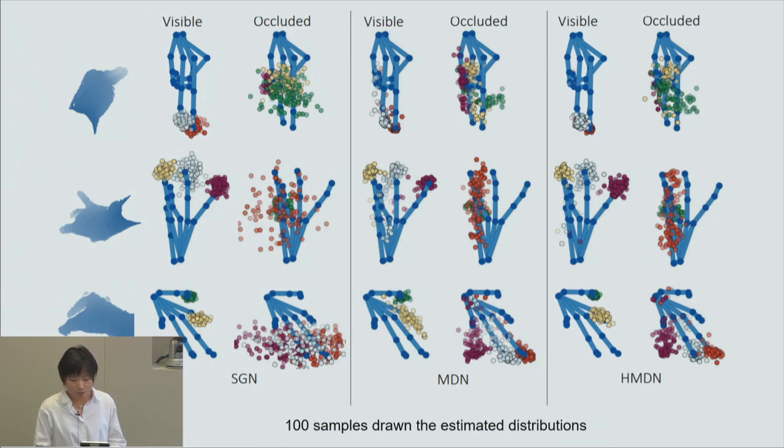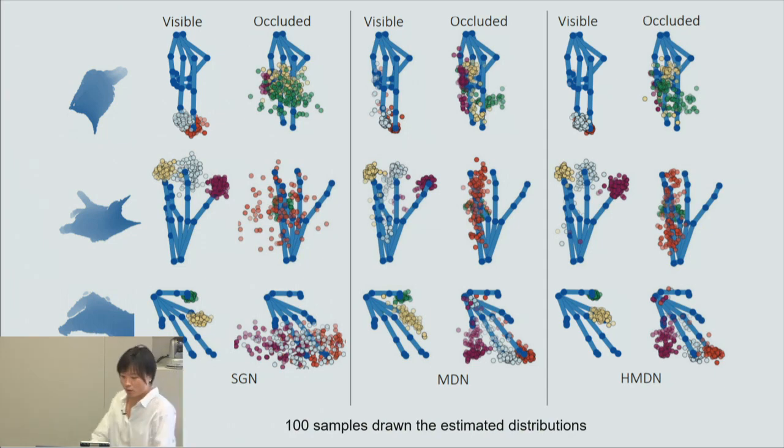For the visible joints, the SGN and the HMDN actually produce compact samples around the ground truth. Well, for the MDN, we can see it has a broader range compared to these ones.